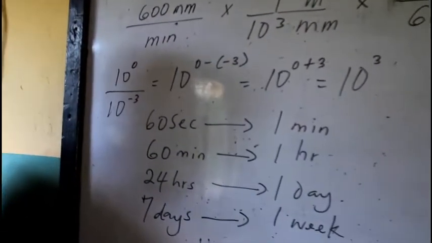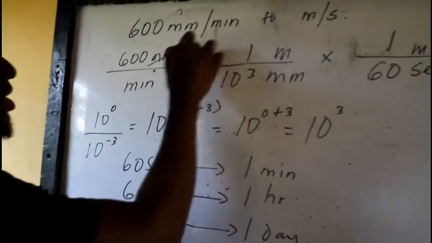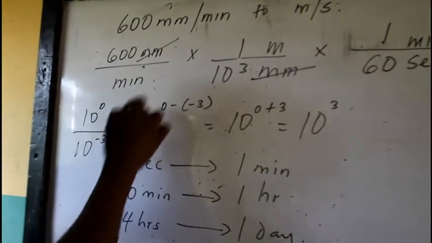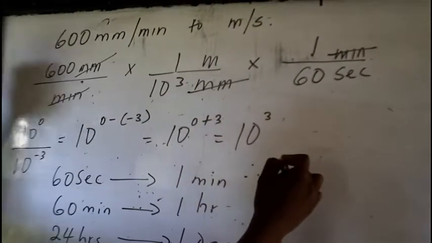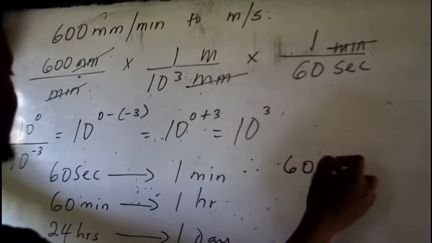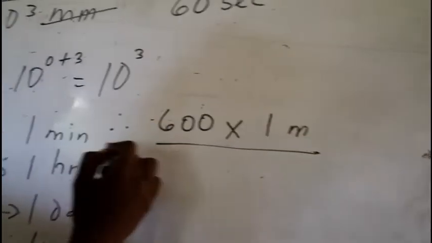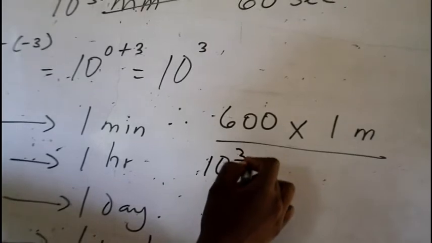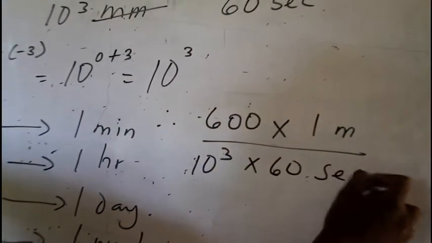As you can see. So now let us do our mathematics. Then you start cutting. Millimeter, cut out millimeter. Your minute, cut out minutes. So therefore, your answer will be 600 times 1 meters over 10 raised to the power 3 times 60 seconds.